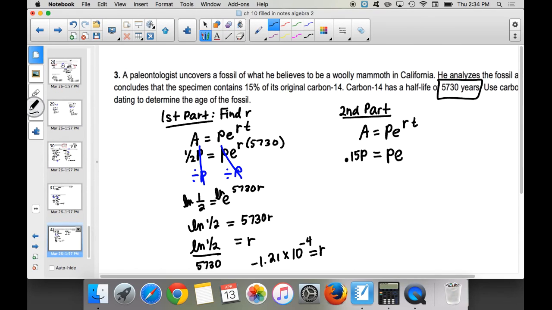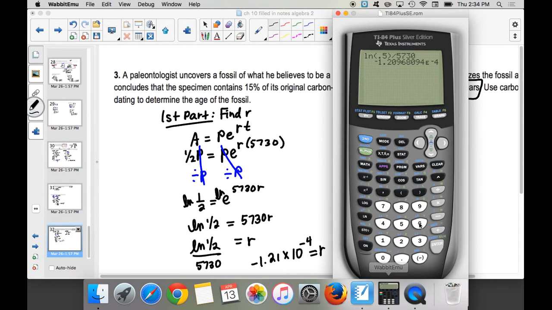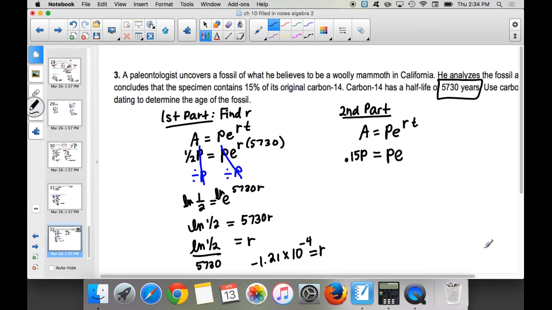Then e, and then I have my r, which I'm going to store. I'm going to hit store as alpha A, so I have it. I'm going to write a little A there, so I know I stored it, and I'm going to put that little A over here, times t.